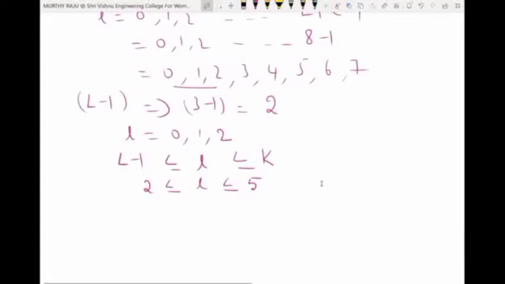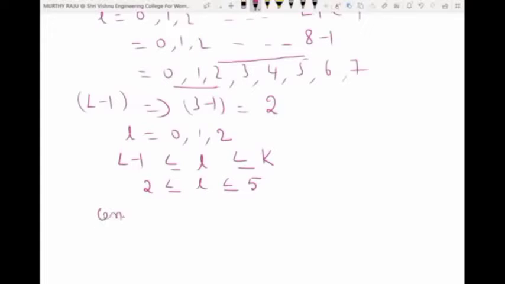In this region, this is the central portion, from 2 to 5. This is the central portion of this trellis.